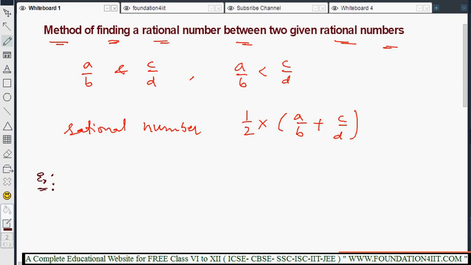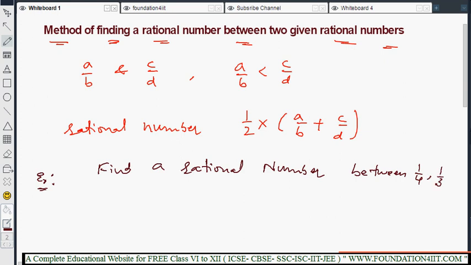Example: find a rational number between 1 by 4 and 1 by 3.